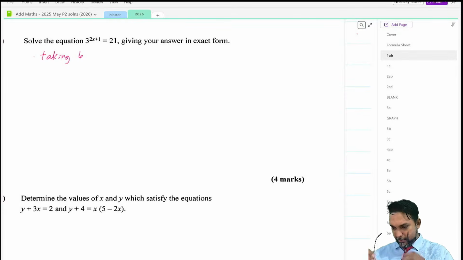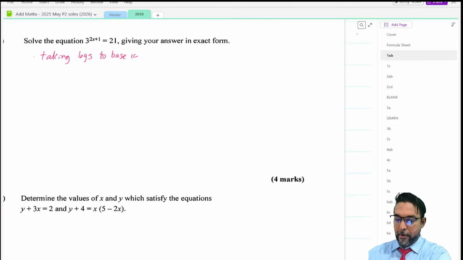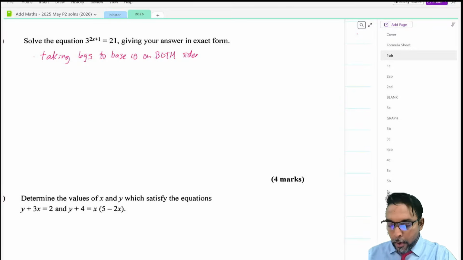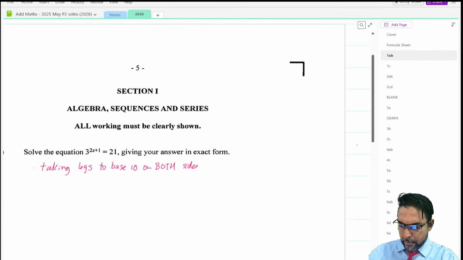Alright. So in the first case, we're going to take logs to base 10 on both sides. Sorry.